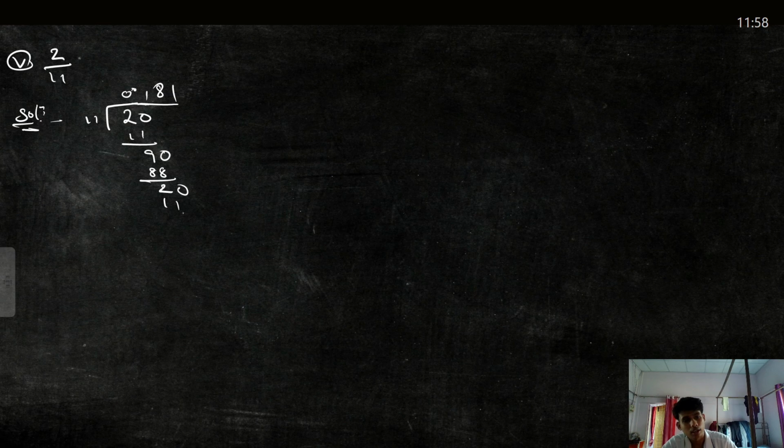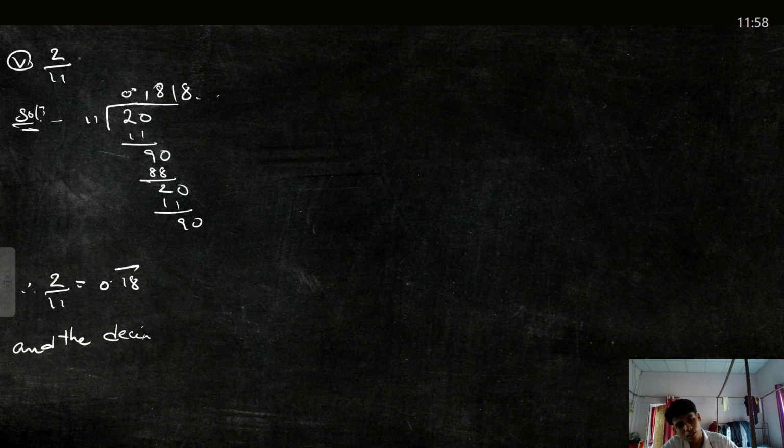Again, 11 ones are 11, 90, 18. Therefore 2 by 11 is equal to 0.18 bar, and the decimal expansion is non-terminating recurring.